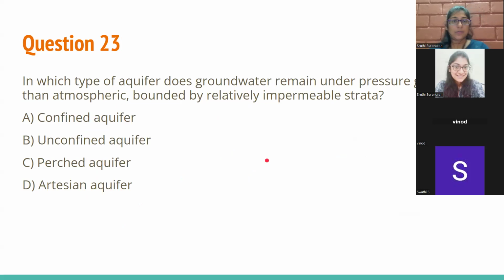Again, in which type of aquifer does groundwater remain under pressure greater than the atmospheric pressure because of being bounded by impermeable strata? This is a question from the previous lectures, which you should be familiar with by now.